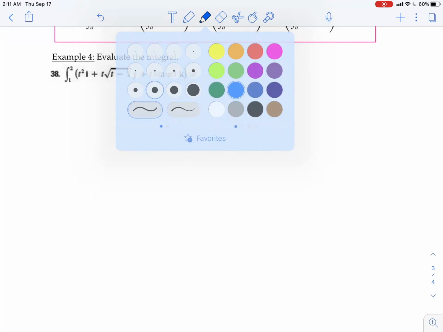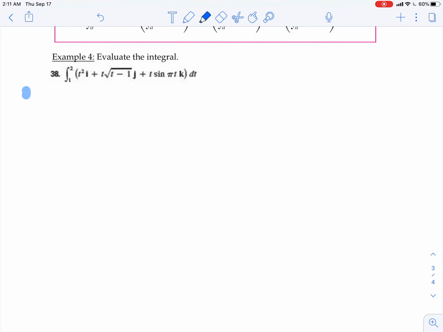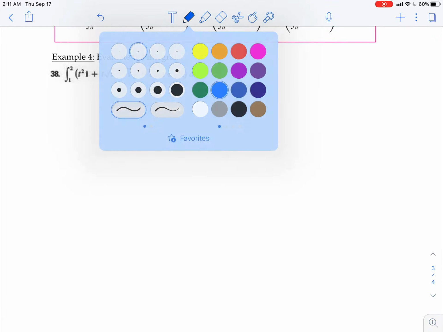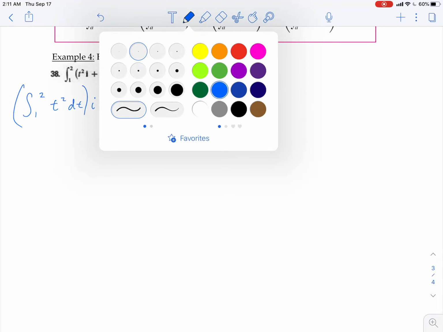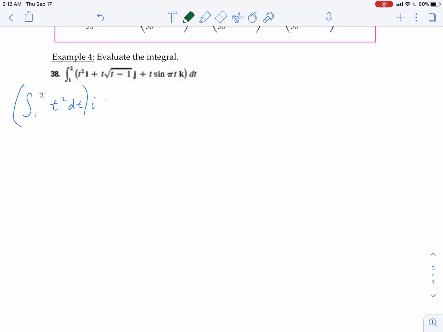So again, just evaluating the integral, and we're going to first go ahead and distribute it everywhere. So we have the integral from 1 to 2 of t squared dt i. I'm going to change the colors just so that you know which one I'm working with.